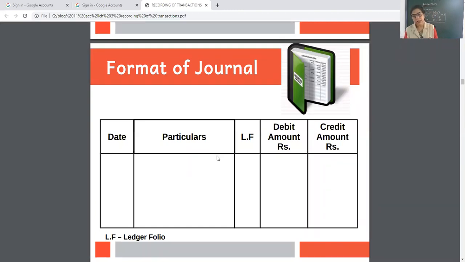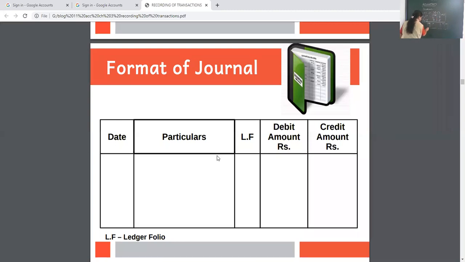Then debit amount and credit amount. Please make a format with the help of a scale. I will also explain how to do it. The first column is date, then particulars, then a smaller column for LF, then debit, then credit.